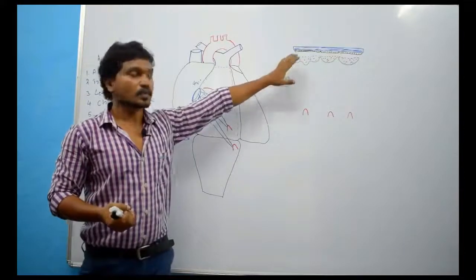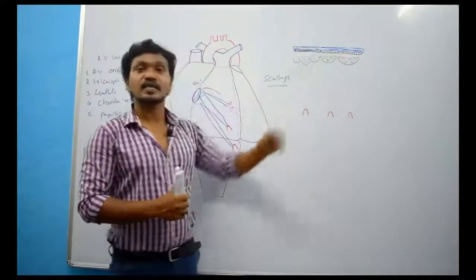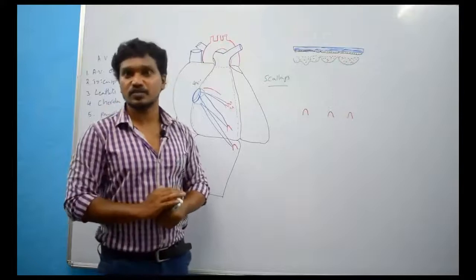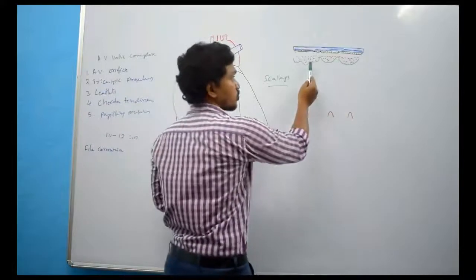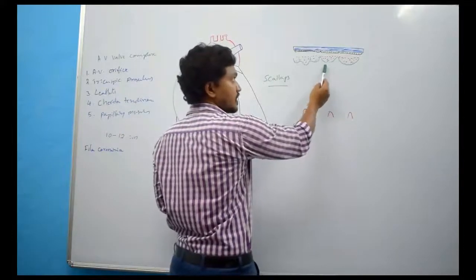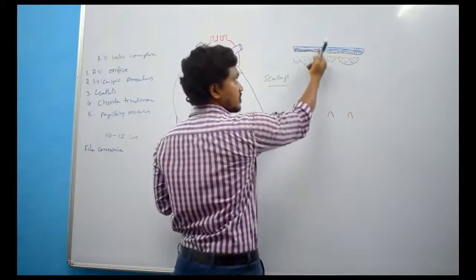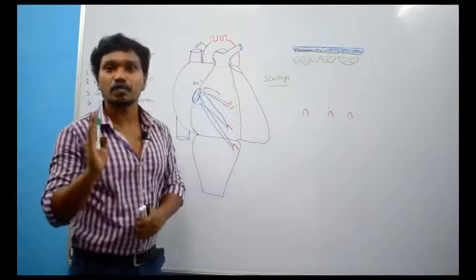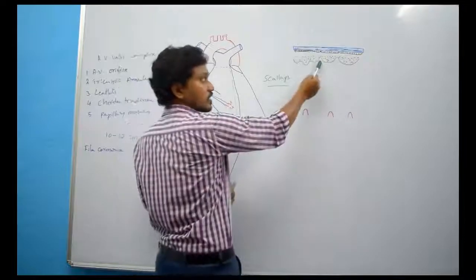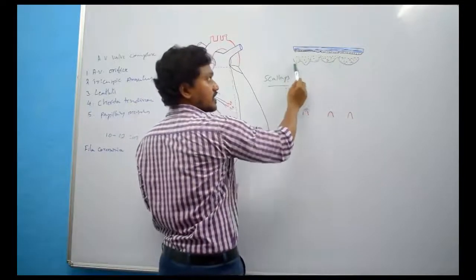Clear? Then these leaflets are connected by commissures. See here, this is the posterior leaflet and this is the septal leaflet. Here there is a connecting part, no? This connecting part we call a commissure. So here one commissure, here one commissure and here one commissure.